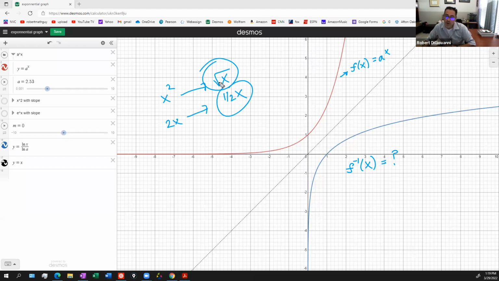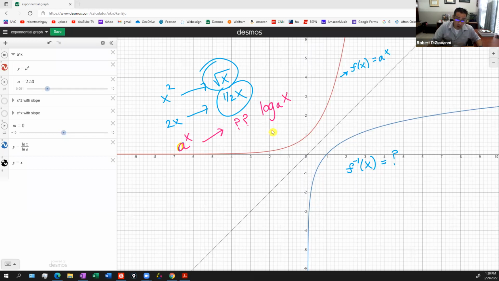I'm saying if you have a to the x, the inverse has to do with logarithms. In fact, it would be log base a of x. That's the inverse function of a to the x.